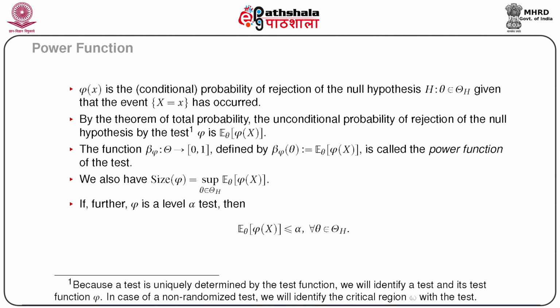Similarly, we can define the probability of type 2 error. This is equal to the expectation under theta of 1 minus phi(X), where theta belongs to script Theta_HA, and this is actually 1 minus the power at the point theta, where theta belongs to script Theta_HA.